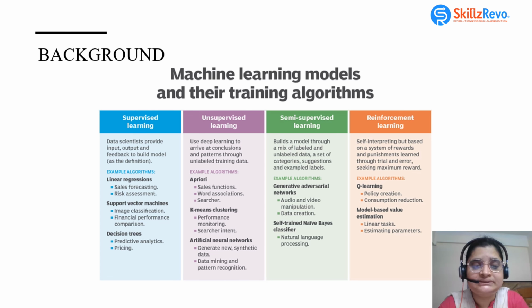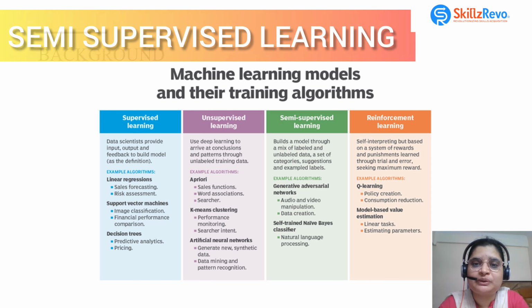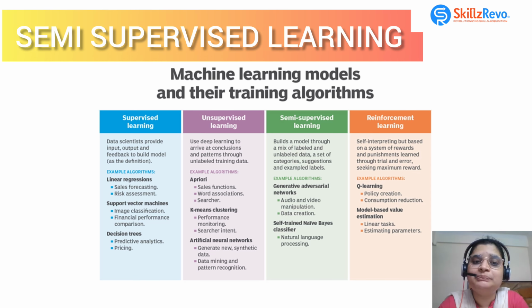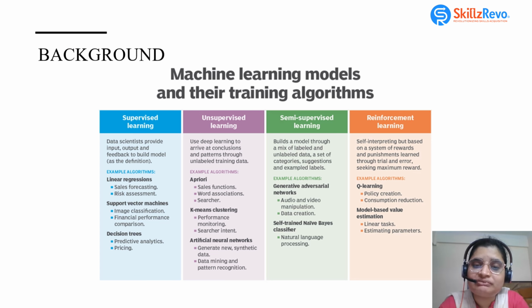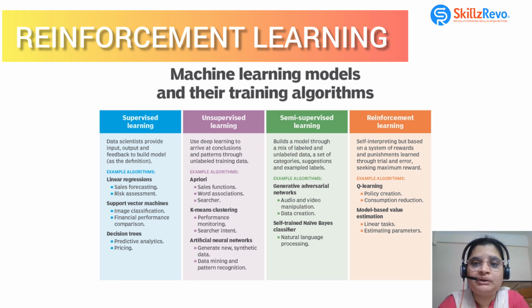Both of these methods have their own strengths and weaknesses, owing to which other types of learning emerged. One of them is semi-supervised learning, a blend of the previous two approaches. It uses a small amount of labeled data along with a large amount of unlabeled data to build the models. Another type is reinforcement learning, where models learn by experience through a reward penalty scheme.